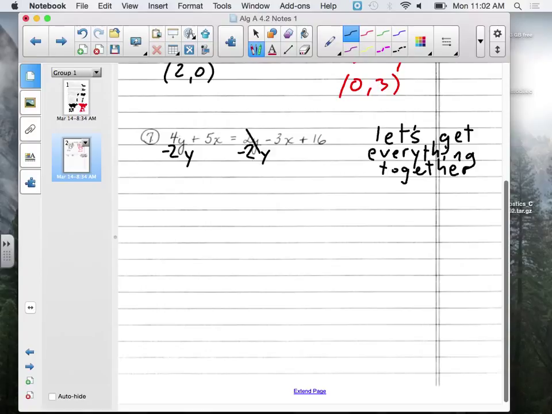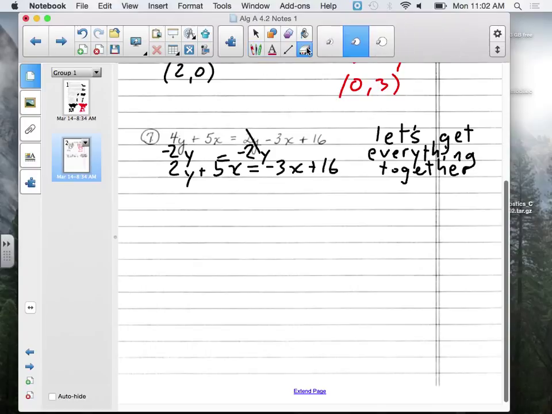4 minus 2 is 2y. That's not 3. 5x equals negative 3x plus 16. Add 3x to 5x.